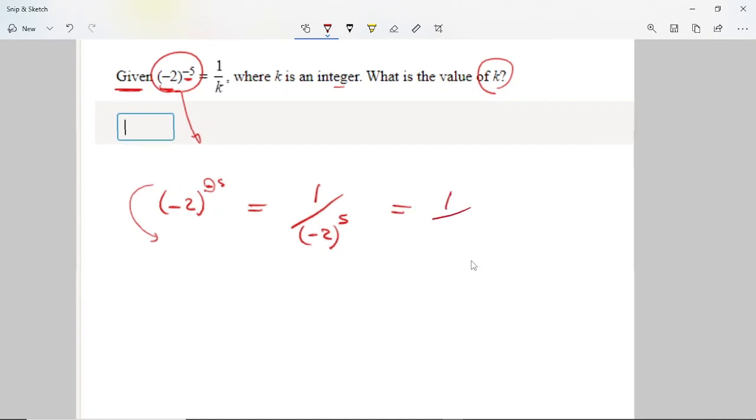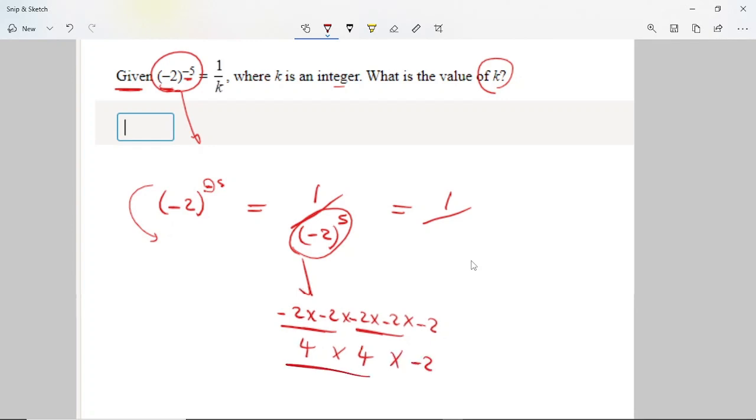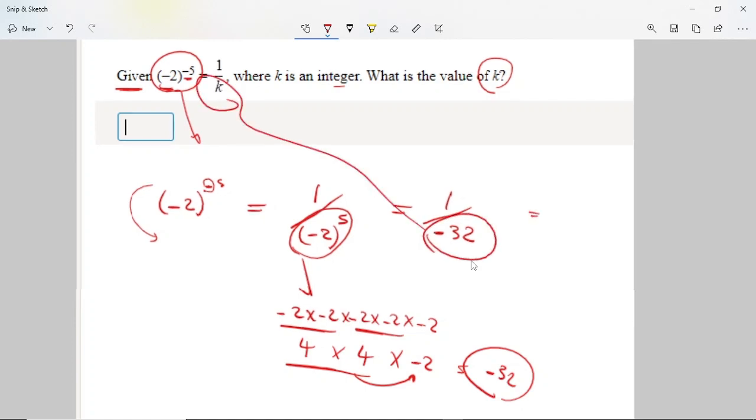So it will be 1 over negative 2 multiplied by itself 5 times. Okay, so this one will be 4 multiplied by 4 multiplied by negative 2. So 16 multiplied by negative 2 will be negative 32. So the answer here will be negative 32. So k will be equal to negative 32. Don't forget the sign.